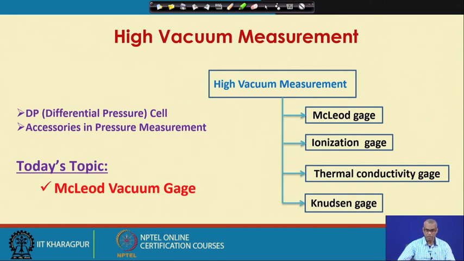In addition to that, in this week, we will also talk about differential pressure cell or DP cell, which is an important instrument for the purpose of level measurement, etc. And we will also talk about a few accessories in pressure measurement, such as diaphragm seal, etc. Now, today's topic is the McLeod vacuum gauge.